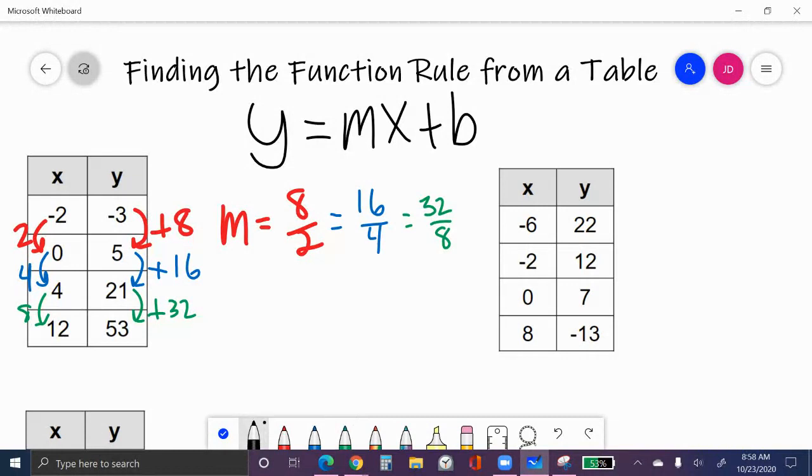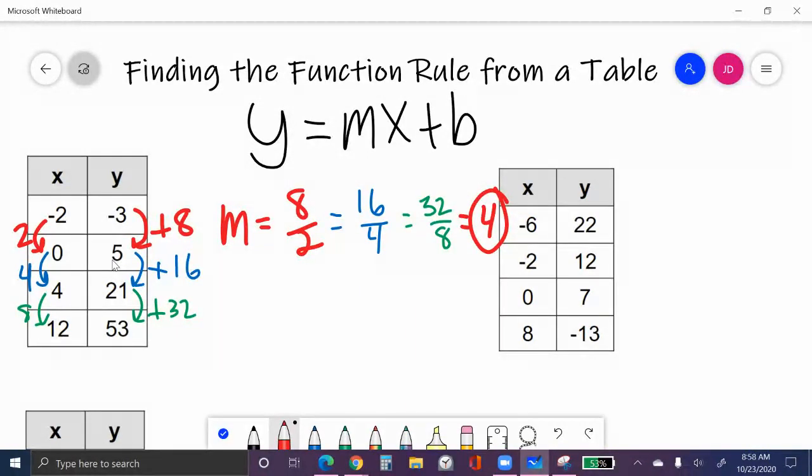So my slope is going to be 4. I'm going to write that in a different color here. So there is my slope. Now, I can tell where my y-intercept is in my table. It's where it hits the y-axis, and that is at x equals 0. So where x equals 0, right here, that is my b value.